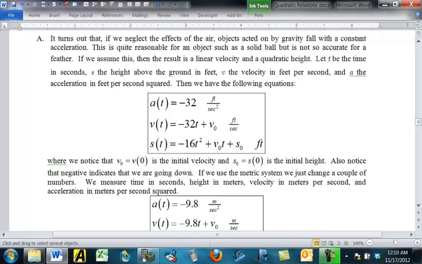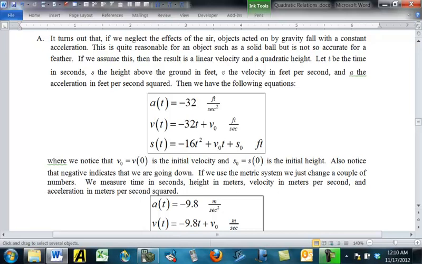But what we end up with, if we have a constant rate of acceleration, is a linear function for the velocity, speed, and a quadratic function for the height. Now, actually, acceleration is not really constant. There are a couple of factors.